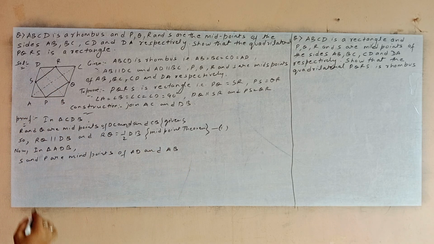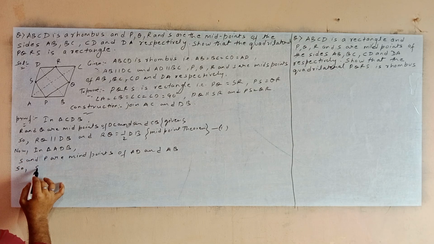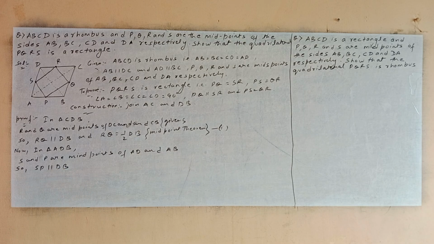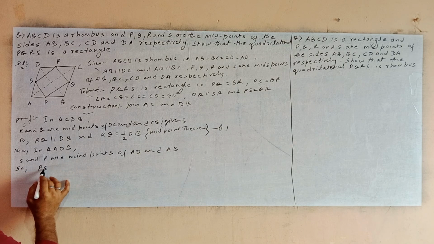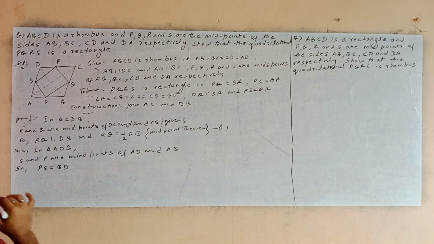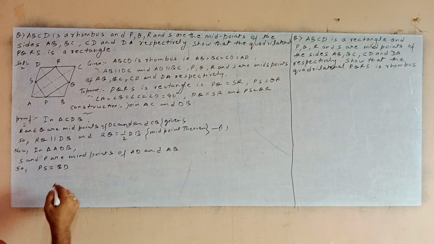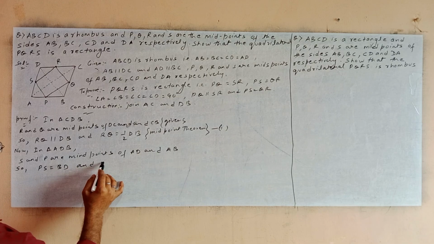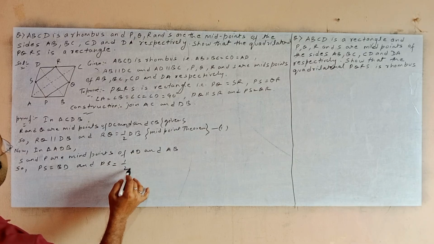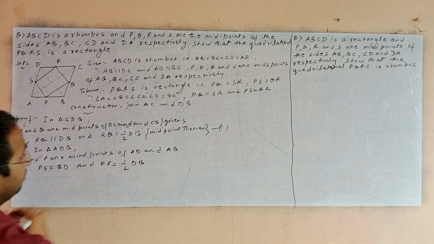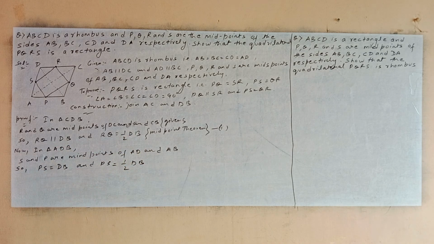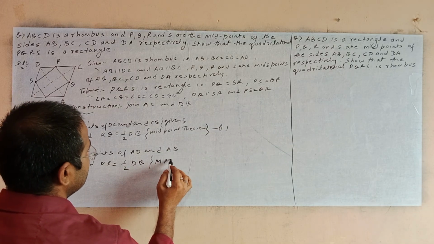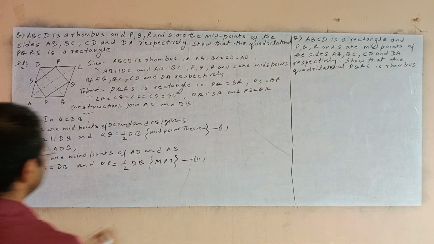So PS is parallel to BD, and PS is equal to half of DB. Here also we have taken DB. Why? By the midpoint theorem. Take it as second.